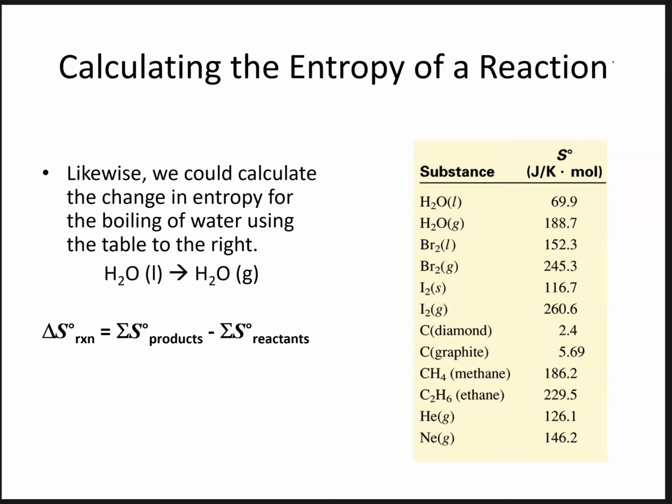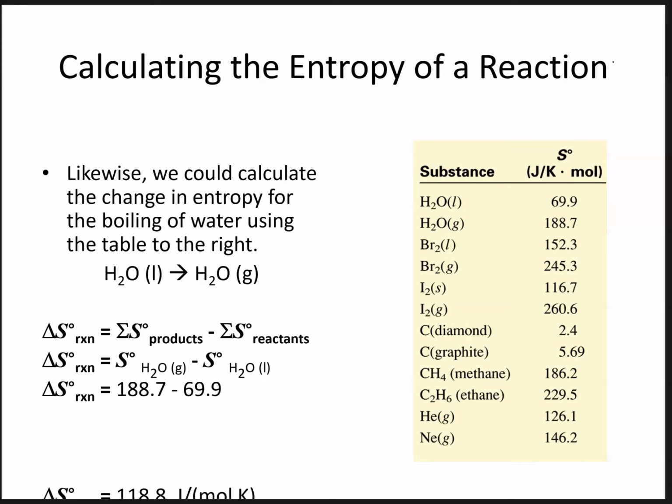So for water going from liquid to gas, we can take the entropy of each molecule and subtract the reactant side from the product side. So we have 188.7 minus 69.9, giving us a change in entropy of 118 joules per mole Kelvin. So the entropy increases, meaning that the water molecules are spreading out during the course of this process.